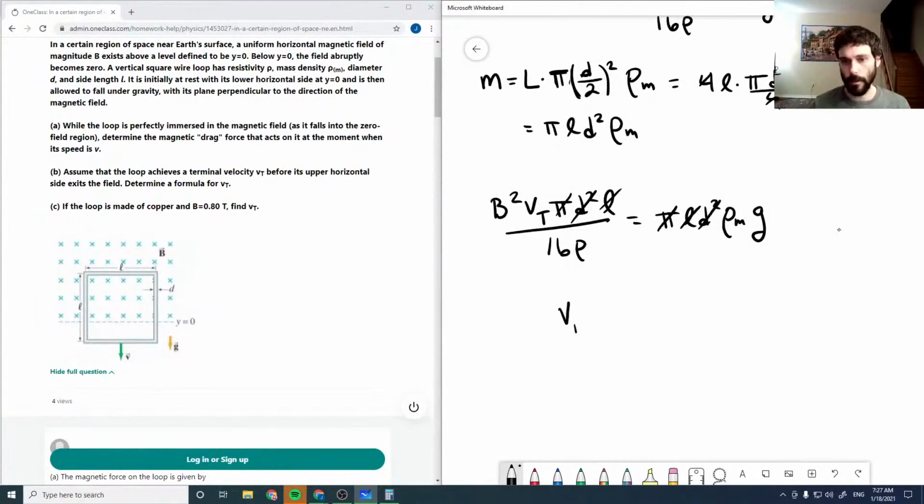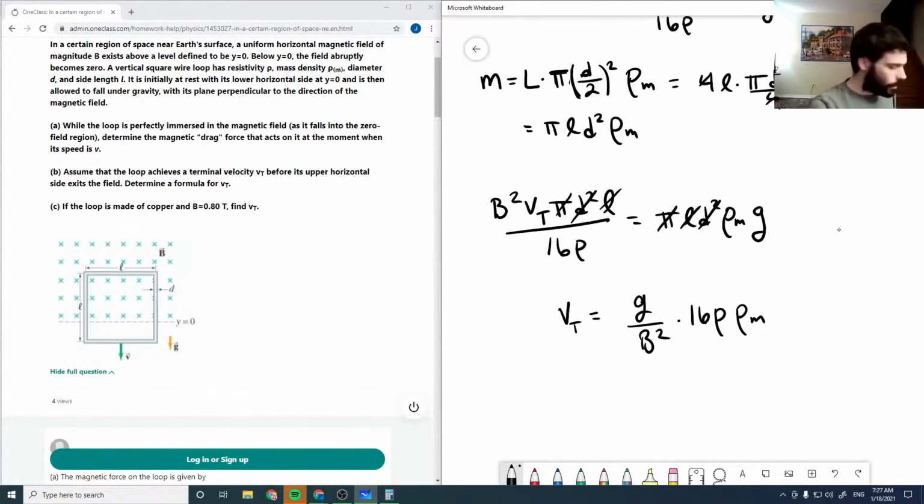So Vt is equal to g over B squared times 16 times our resistivity times our mass density.